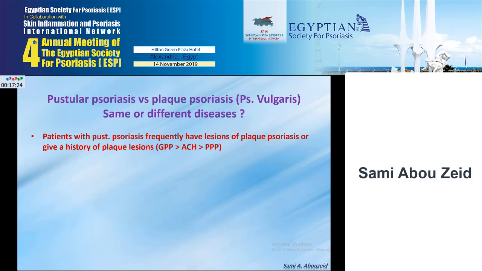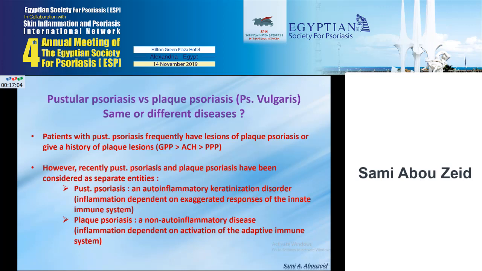Now, we know that patients with pustular psoriasis frequently have lesions of plaque psoriasis or give a history of plaque psoriasis. This is more in generalized pustular psoriasis and less in acrodermatitis continua and least in palmoplantar pustulosis. However, recently, pustular psoriasis and plaque psoriasis have been considered as separate entities.